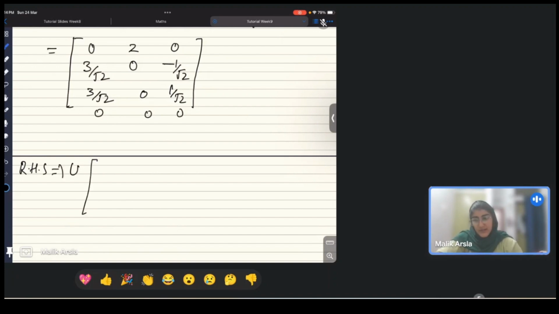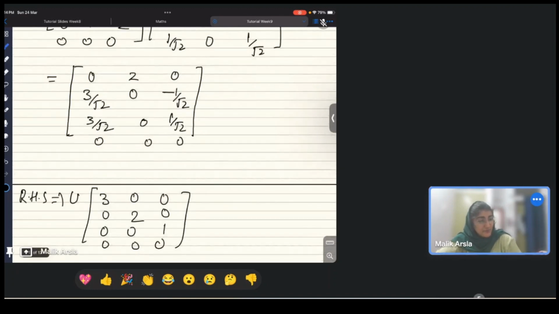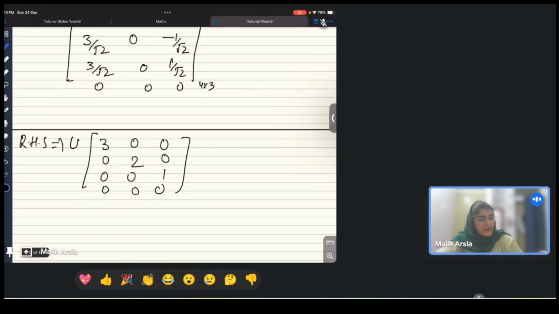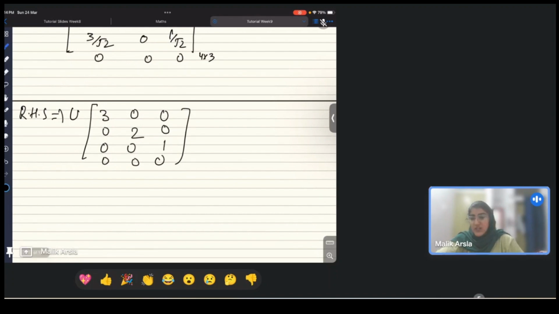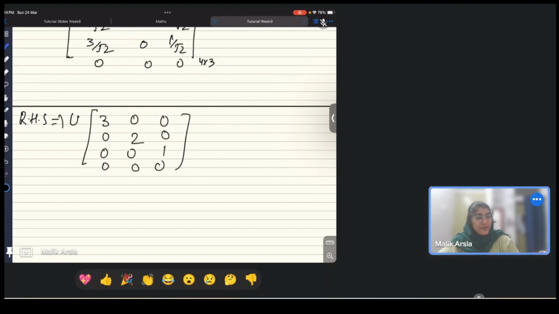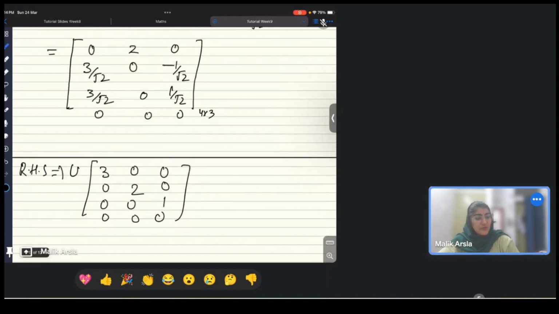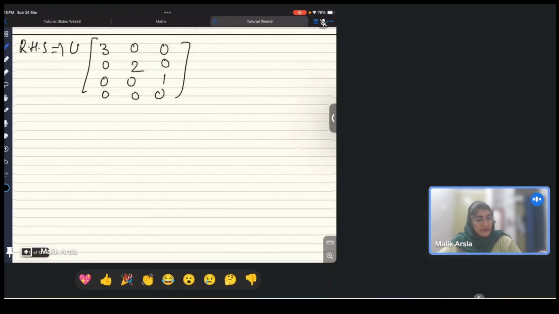So U into sigma, where sigma was 3 0 0 0 2 0 0 0 1 and then 0 0 0. On the LHS we are getting a 4 cross 3 matrix, right? And this here is 4 cross 3. So our U will be what? A 4 cross 4 matrix, right? Understood?